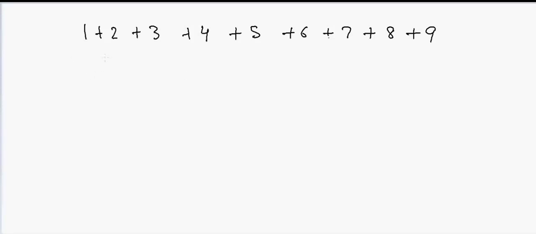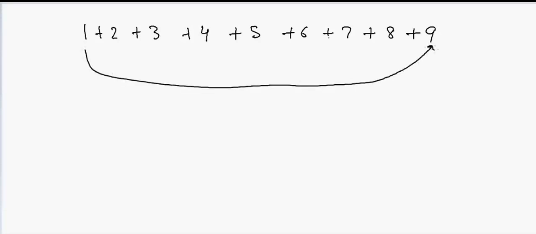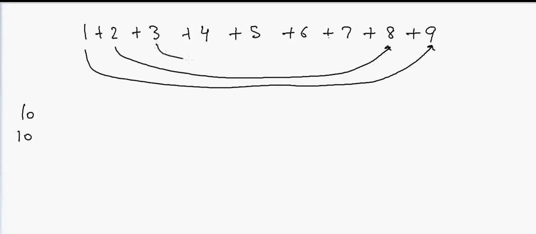So if we look here carefully, we can add this 1 and the 9 here, so we'll get a 10. Then we can add this number 2 and 8 here, so we'll get another 10. Then we can add 3 and 7 here, so we'll get another 10.